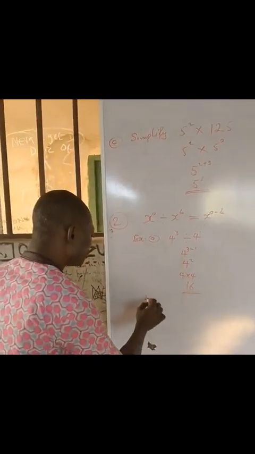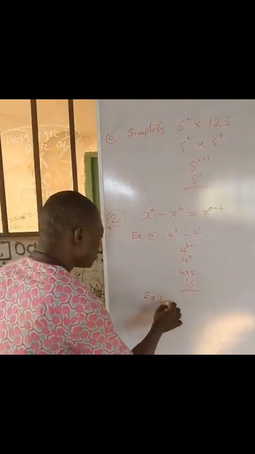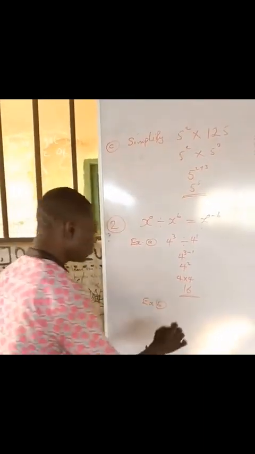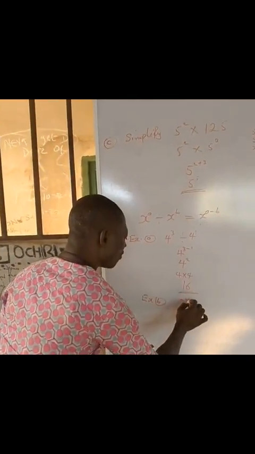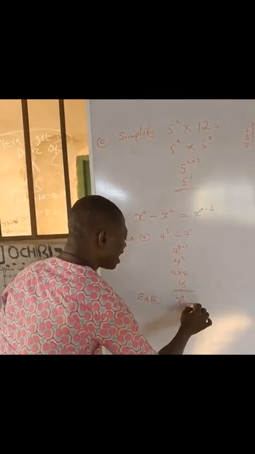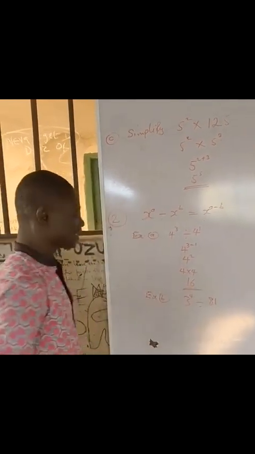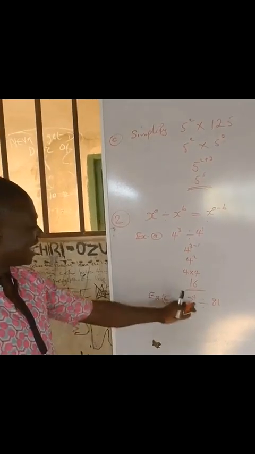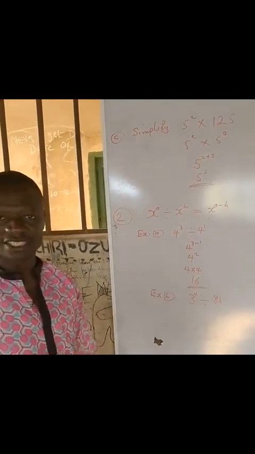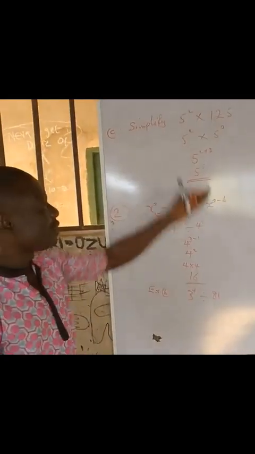Example number 2. If we have example B as 3 raised to power 4 divided by 81, for instance. You can see that in this one, they don't have the same base. So what do we do? The same thing we did before.